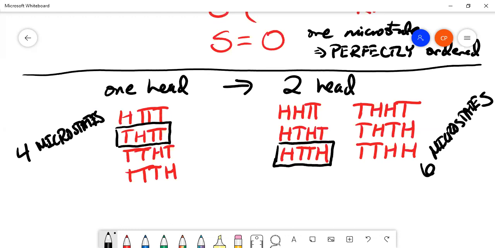And I still study the number of microstates initially and the number of microstates finally.